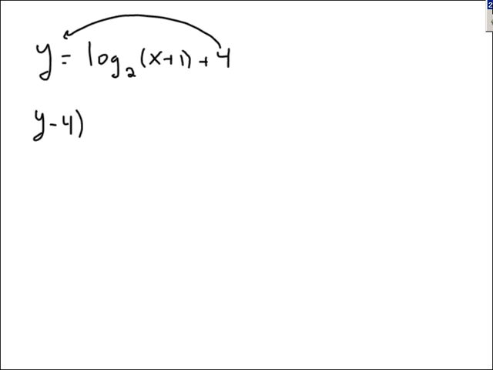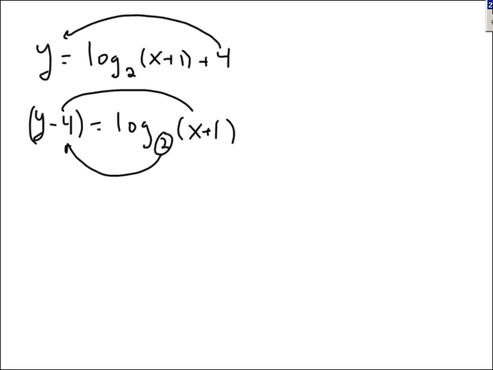Y minus 4 is log base 2 of x plus 1. Now, you could get out of logs. You can say 2 to the y minus 4 equals x plus 1, because what happened with the 4?